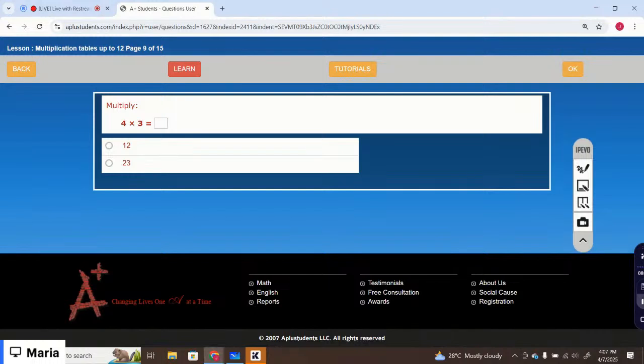4 times 3. 4 times 3 is 12. Option number 1 is the correct option. Click on the OK button actually.